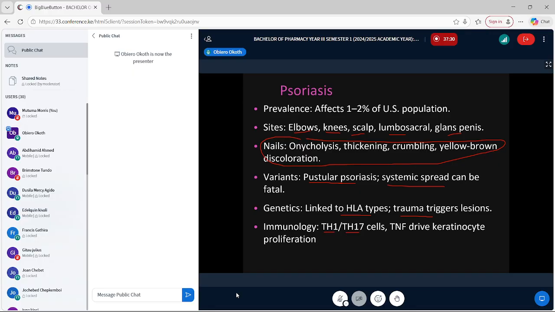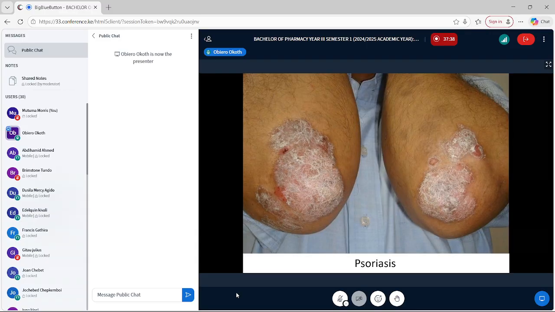keratinocyte proliferation, and they tend to respond. And you can see that this is what we are calling psoriasis. Yeah, this is what's called plaque psoriasis. We have these large crusting pruritic plaques that are silvery, and crusting.